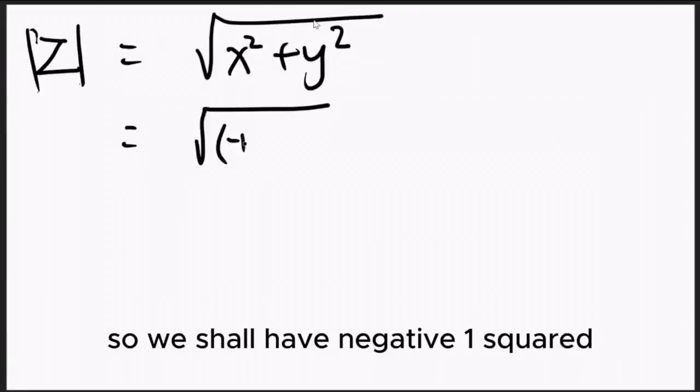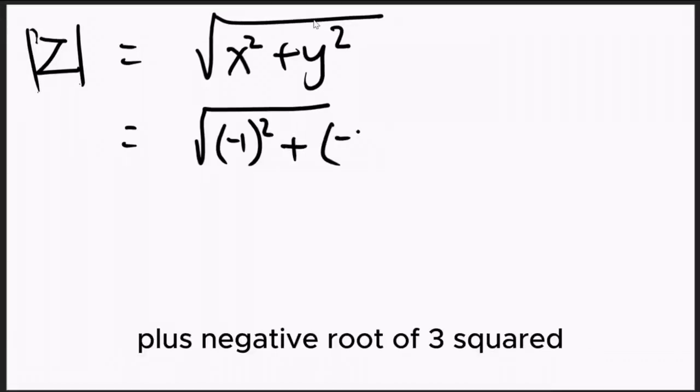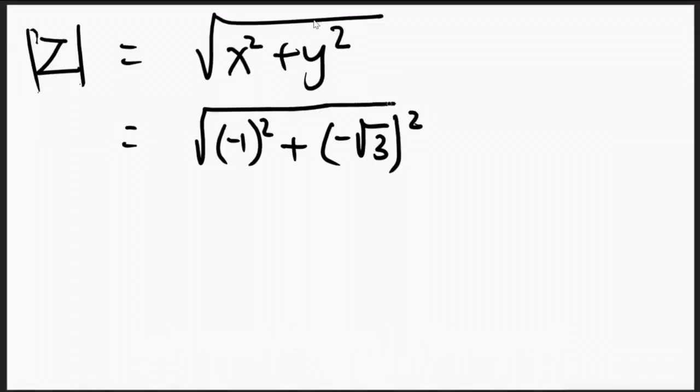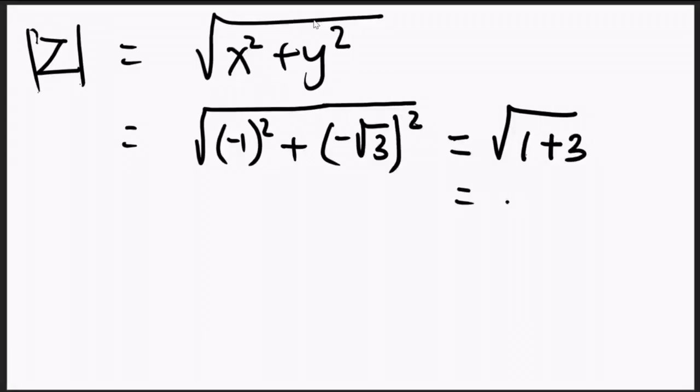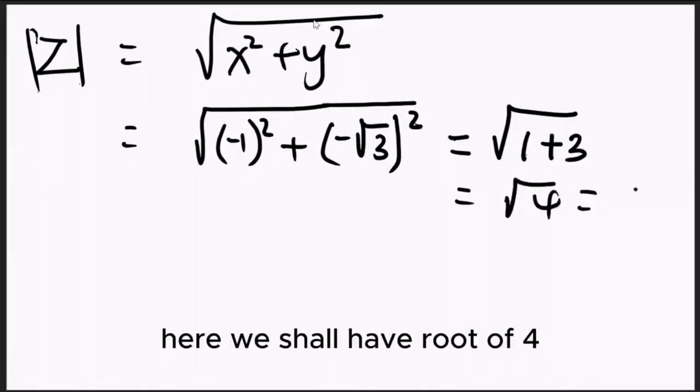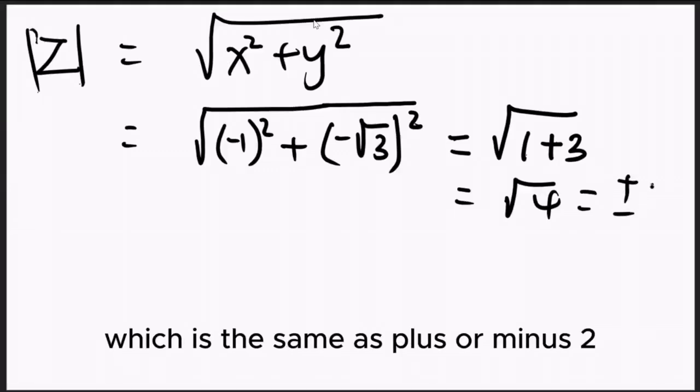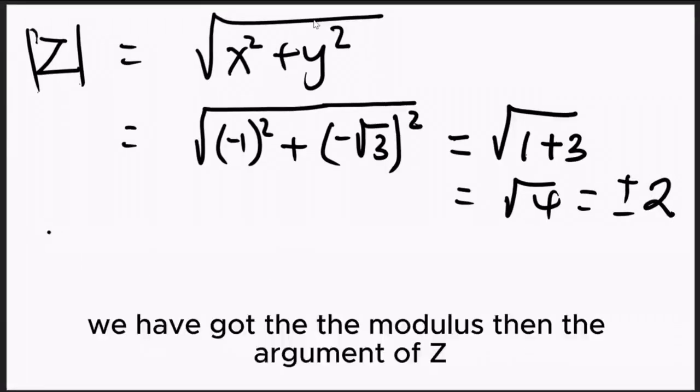So we shall have -1 squared plus -root of 3 squared. Finally, we shall have 1 plus 3. Here we shall have root of 4, which is the same as plus or minus 2. We have got the modulus.